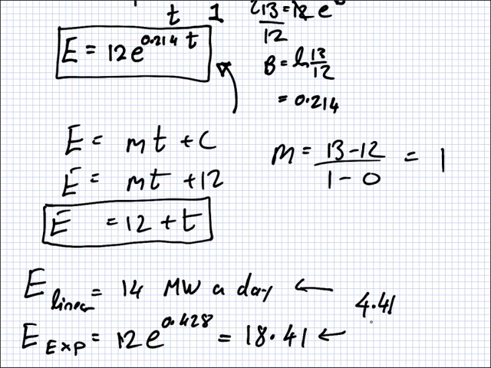Okay, this is my answer, but it's totally different to the answer in the book, and this seems wrong. My 18 just seems too big. Can we double check this value here? Can we type in log 13 over 12?